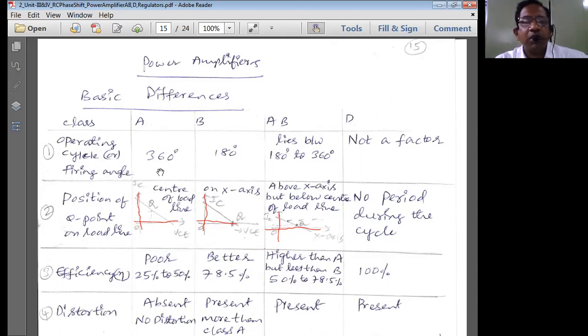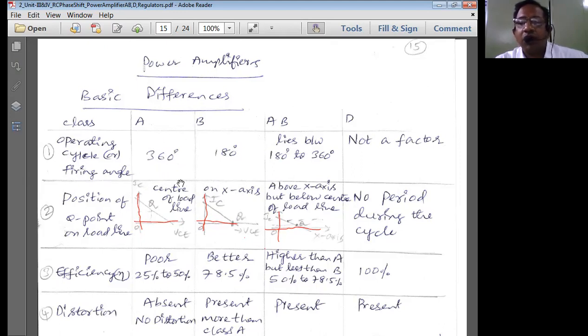In short, we call it the firing angle. So if you say the firing angle is 360 degrees, what we are saying is that the transistor used in class A is going to allow the current for all 360 degrees of the input signal. That is the definition of a firing angle of 360 degrees.